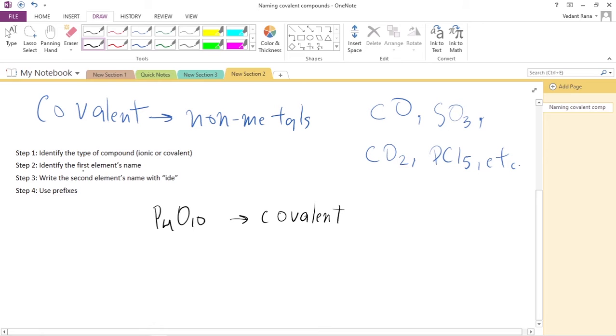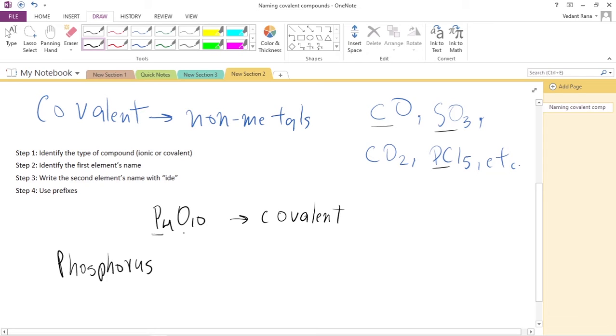Step 2 is identify the first element's name. By first element we mean the element at the start. In this case, the first element was carbon. Here it was sulfur. Here it was phosphorus. So P stands for phosphorus, and we'll write that, phosphorus. Then write the second element's name with IDE.